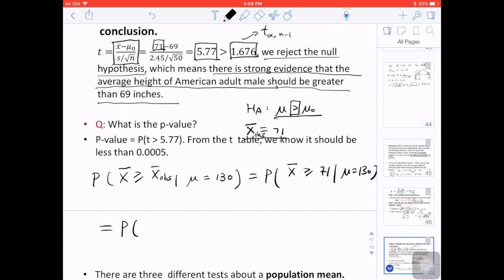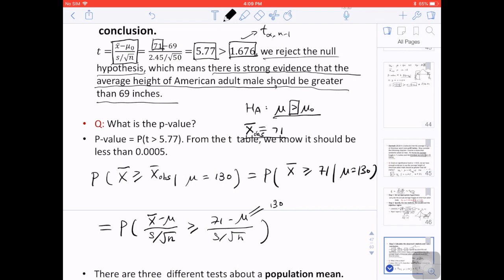And then we convert this x bar to t. So x bar minus mu divided by s divided by square root of n is larger than 71 minus mu divided by the same thing. You plug in mu is equal to 130. So my t is larger or equal to, if you calculate this one, 5.77. Then you can calculate the corresponding probability using the t-table.